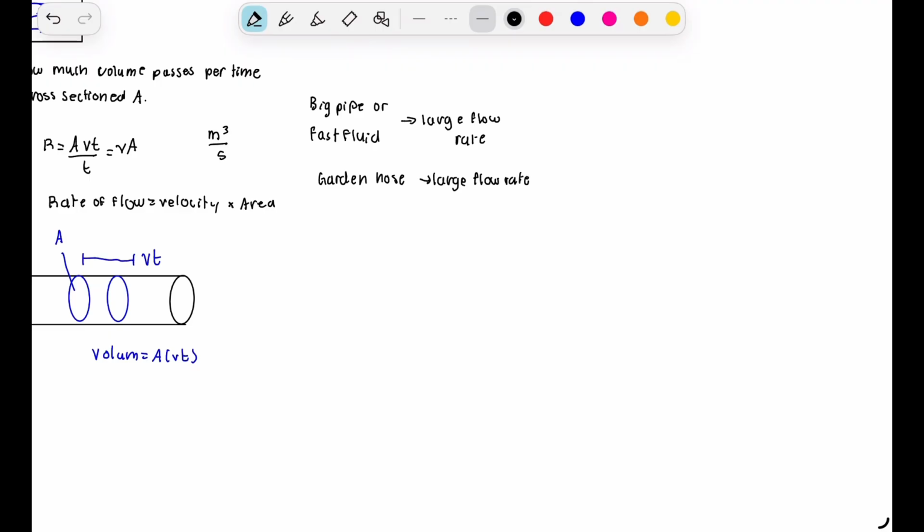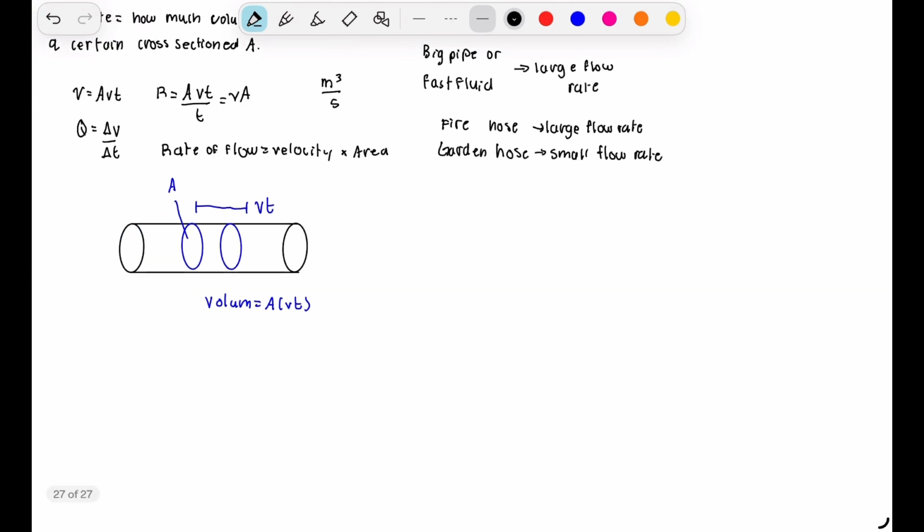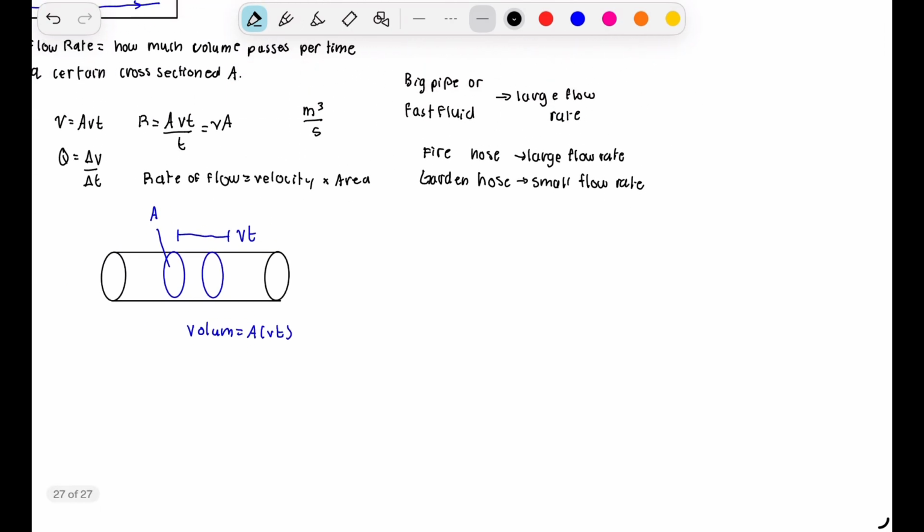And if you have a garden hose, it's going to be a small flow rate. So your flow rate is dependent on both your velocity and your area.